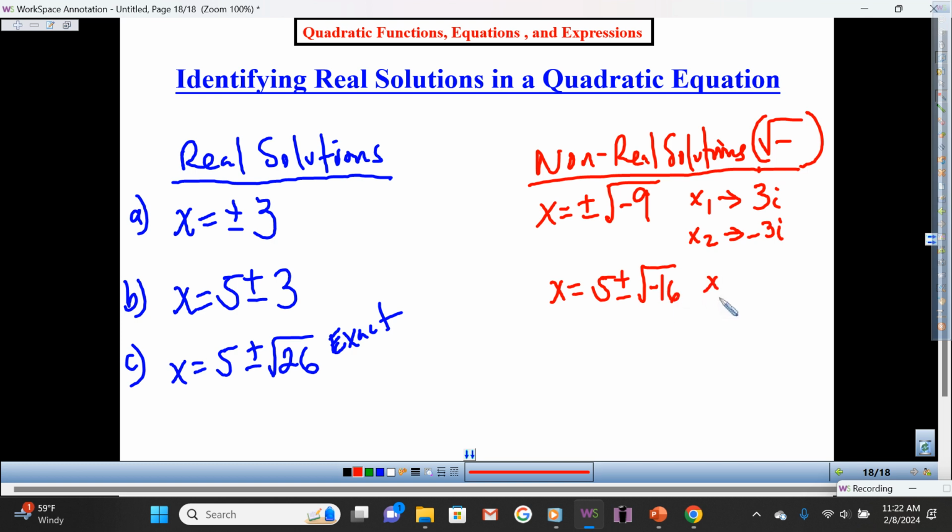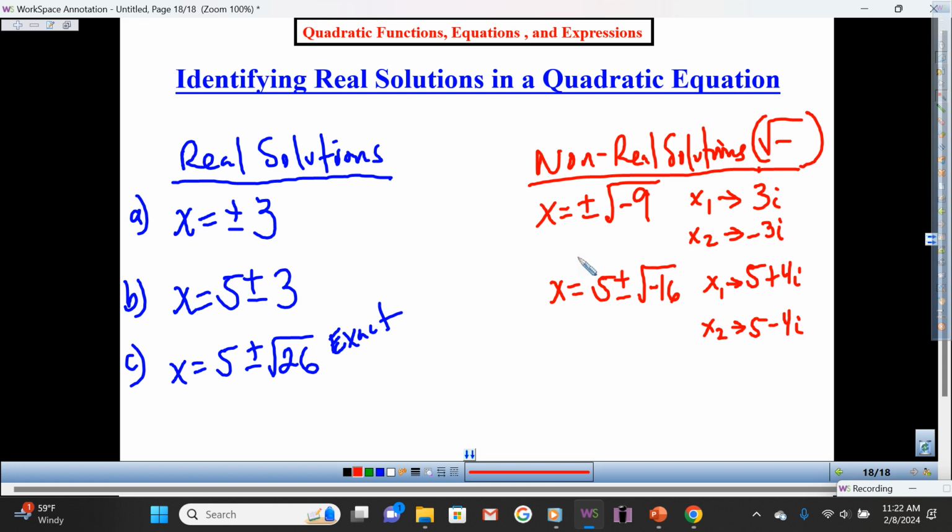Tell your neighbor the two non-real solutions for that one. That is correct. They're not real because they are imaginary.